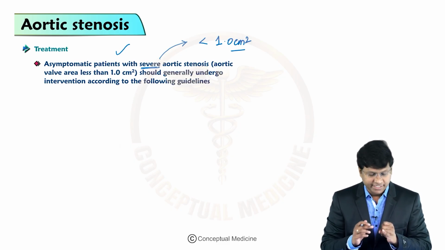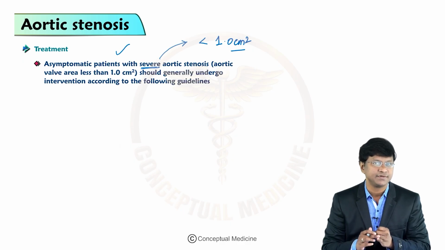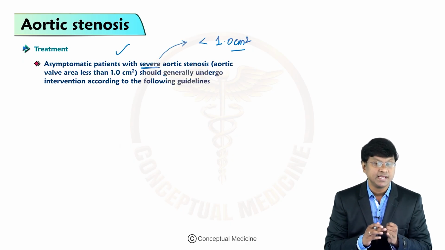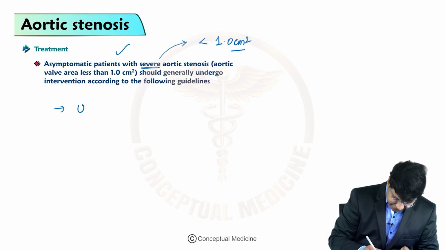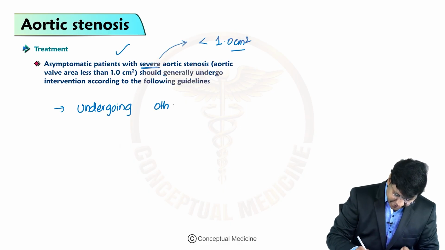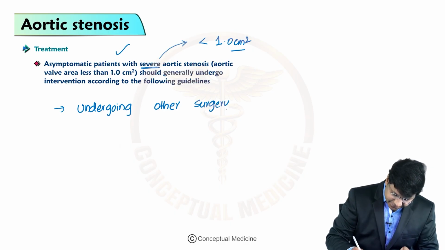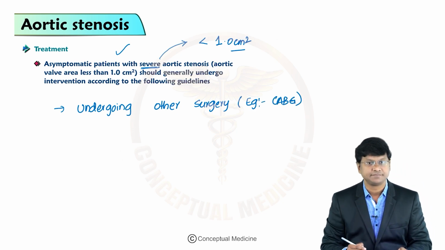Number 1, an individual with asymptomatic severe aortic stenosis who is undergoing other cardiac surgery, for example, CABG, that is coronary artery bypass graft.